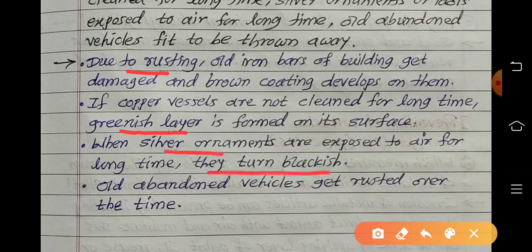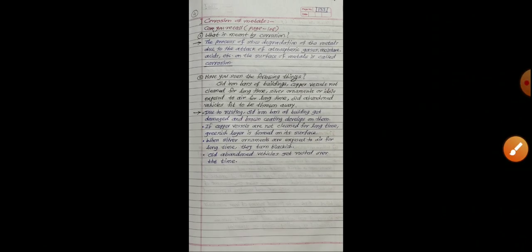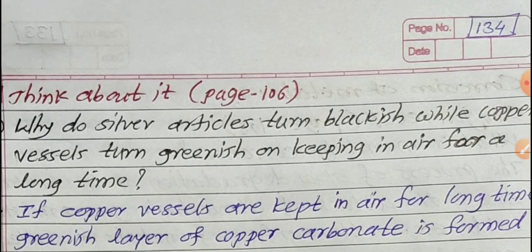And fourth, old abandoned vehicles get rusted over time. So the answer is given. Now next, think again. Two questions are given for us on the same page number 106.